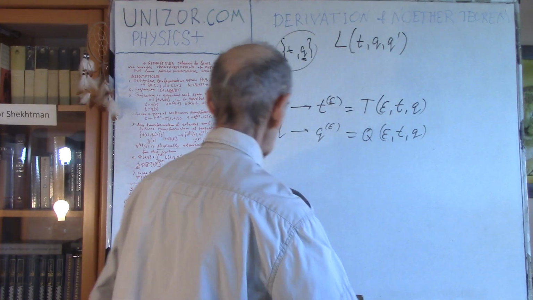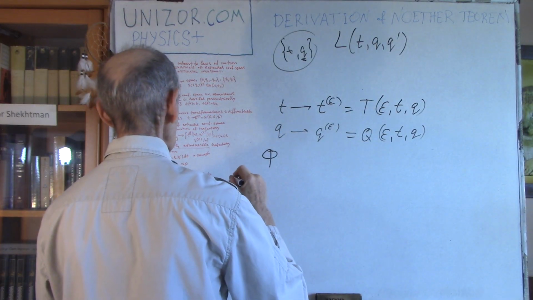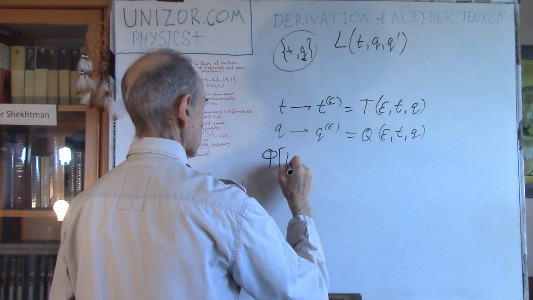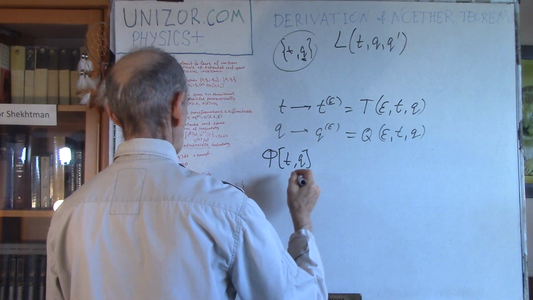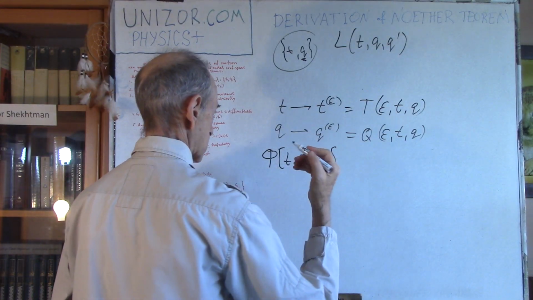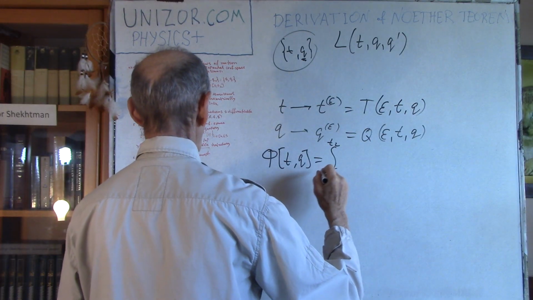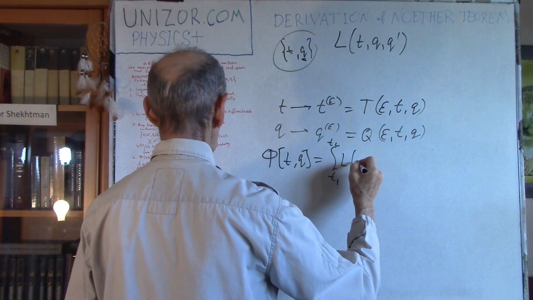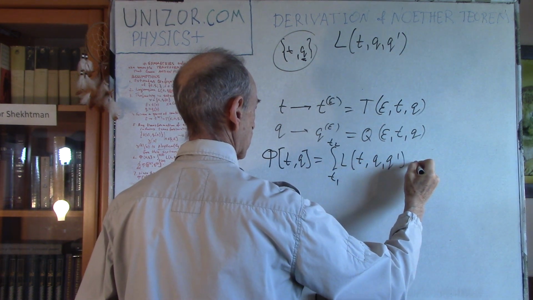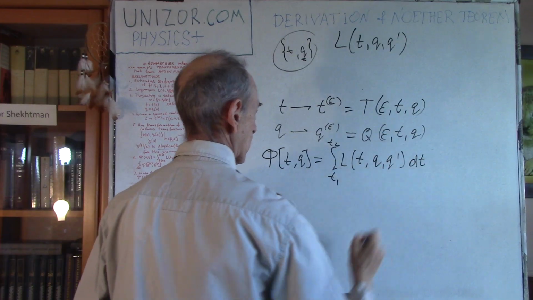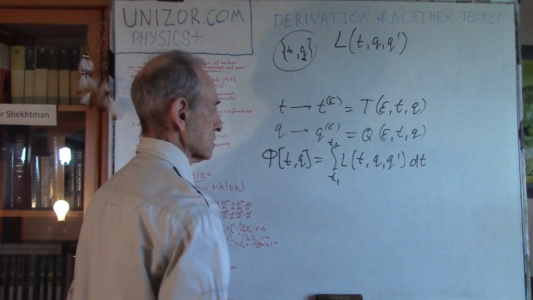So if you remember, there is an action functional which depends on the trajectory, and its traditional form is the integral from T1 to T2 of the Lagrangian L of t, q, and q prime, dt, where t is time and q is generalized coordinates.